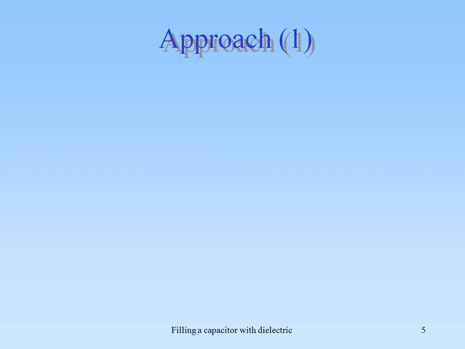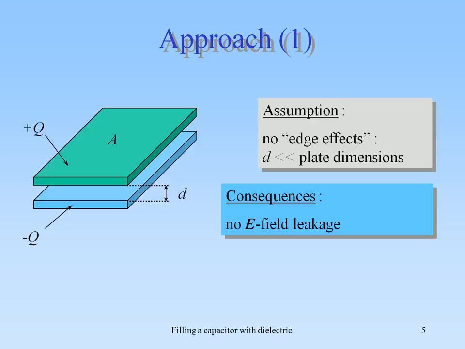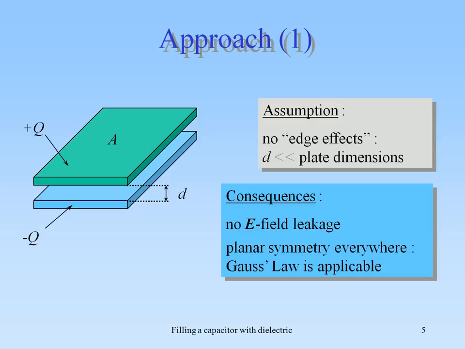How do we approach our solution? Let's assume there are no edge effects and that the distance D is much smaller than the plate dimensions. So the consequences are we have no leakage of the electric field and there is planar symmetry everywhere. And that means that Gauss' law is applicable.